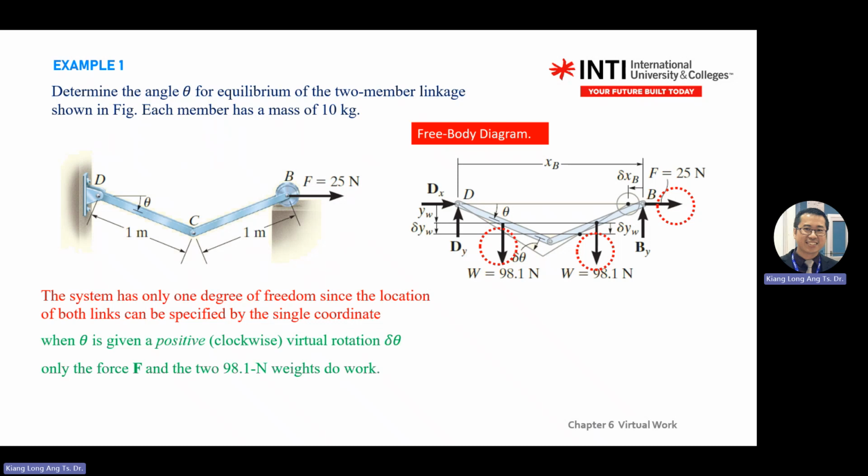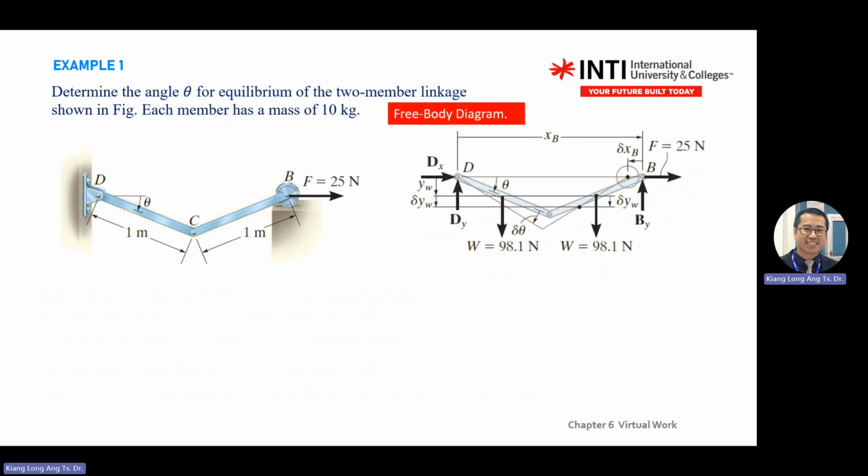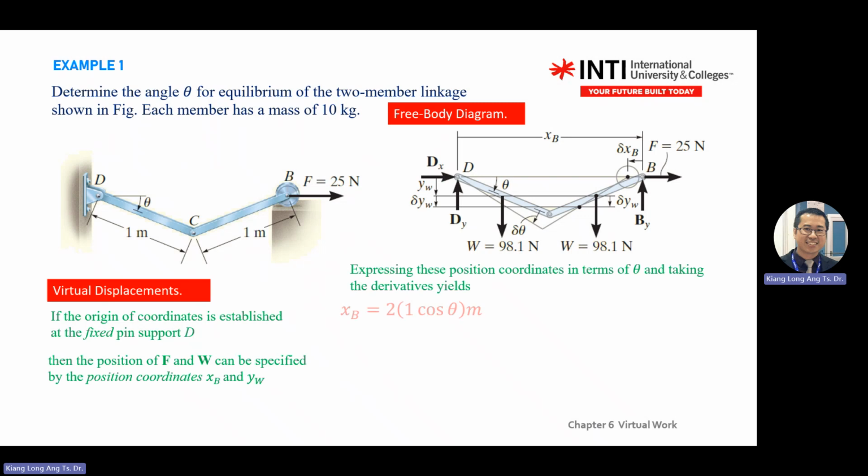Then put in the virtual work equation, which is you write delta U equals 0. So write all the equations that link with the work, either force or moment. Okay, so we'll complete the equation. So this one you read. So we need to find out what is XB in theta terms.